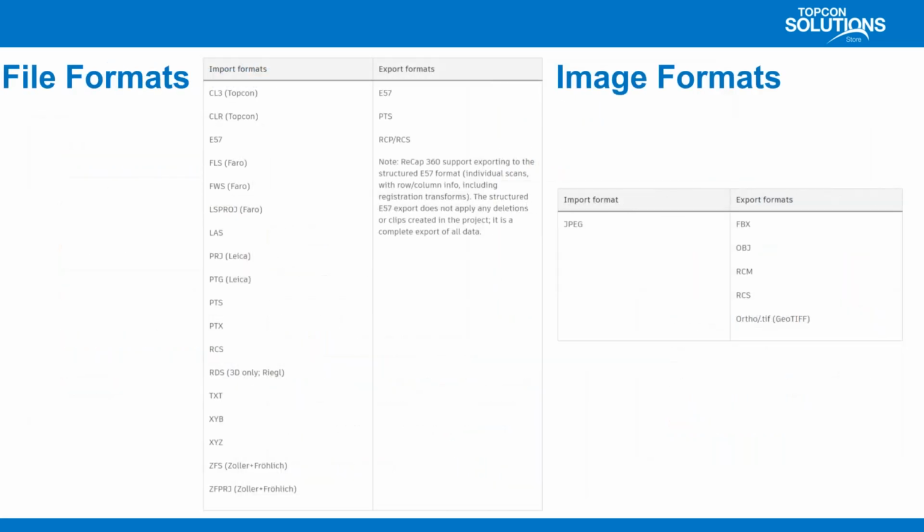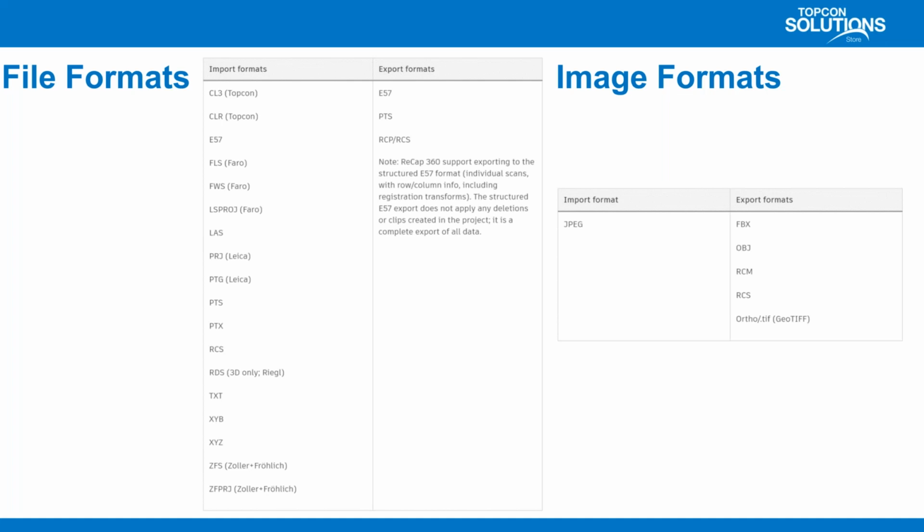Well, ReCap also can take in several different types of file formats. To process these laser scans into that RCS or that RCP, to go into Navisworks, to go into Revit, AutoCAD, Civil 3D, what have you, you will need to go ahead and process this, right?